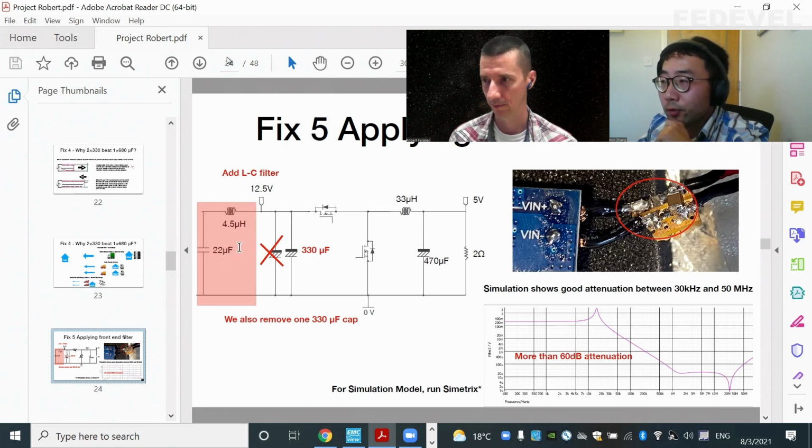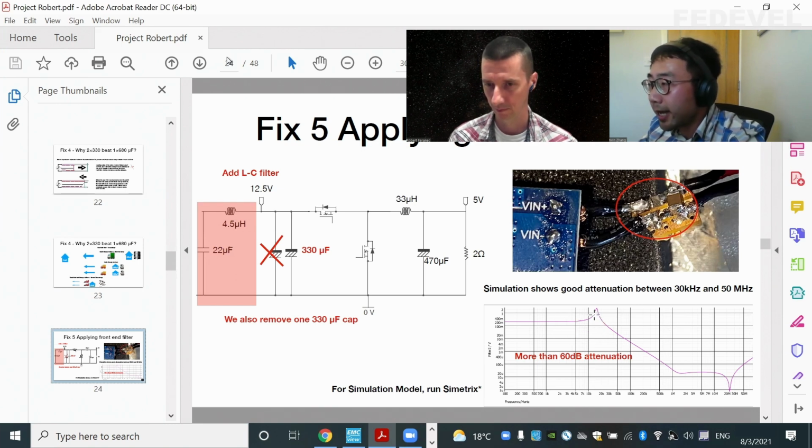The LC filter I put in the front has this value, and I have a simulation. I ran the simulation, and I can see the attenuation from 20 kilohertz to about 20 megahertz is quite significant, more than 60 dB. So I know that this filter is good for the noise we're looking at. So that's the filter configuration.